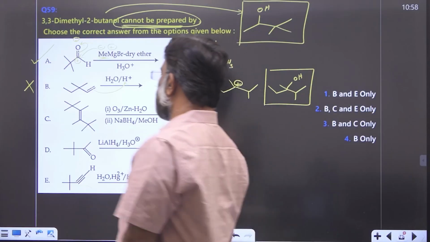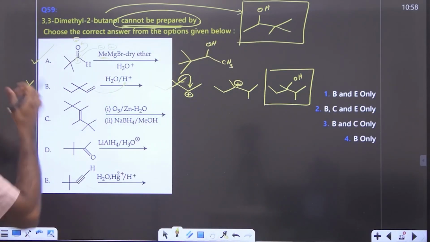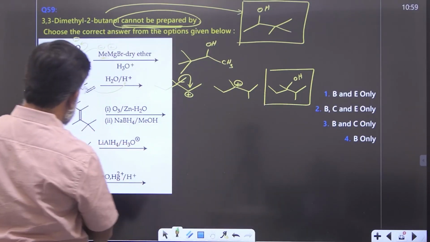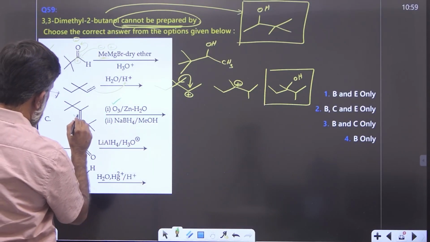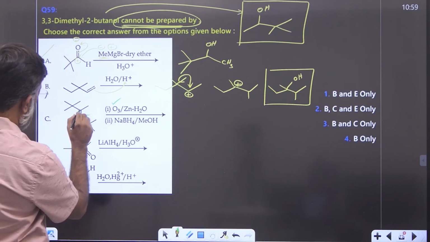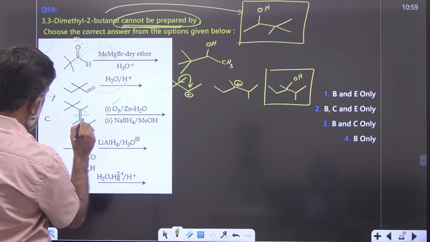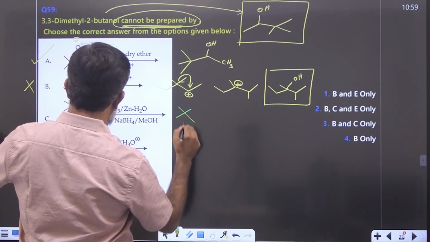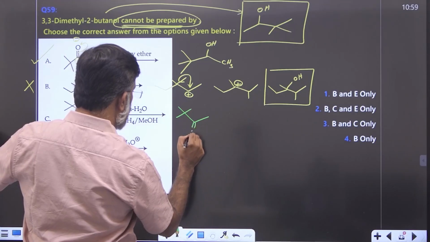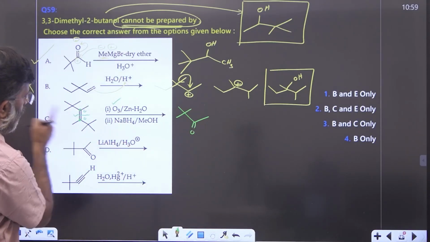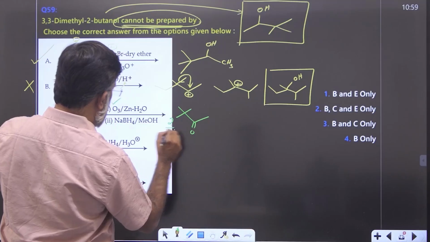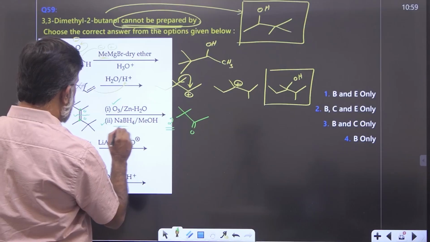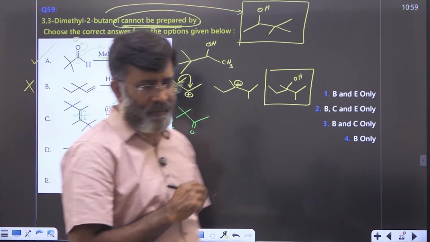Now, what about C? First step, it is ozonolysis. It's going to break over here, and this carbon will contain an oxygen. After the first reaction, the product will be like this. It seems both the products are identical. You get 2 moles of this product. Now this is treated with NaBH4.